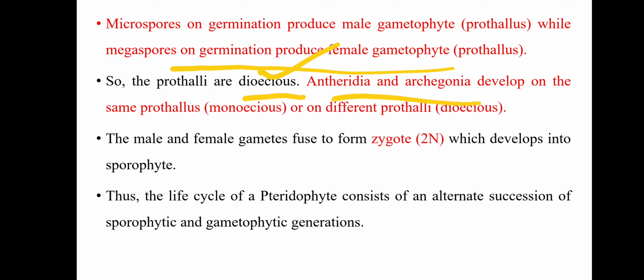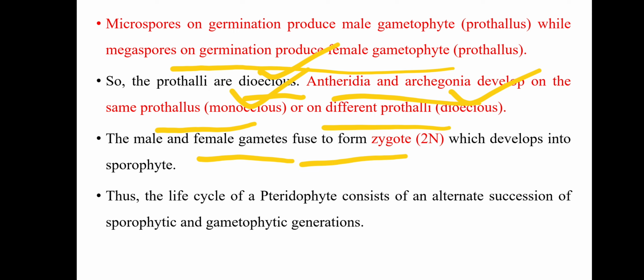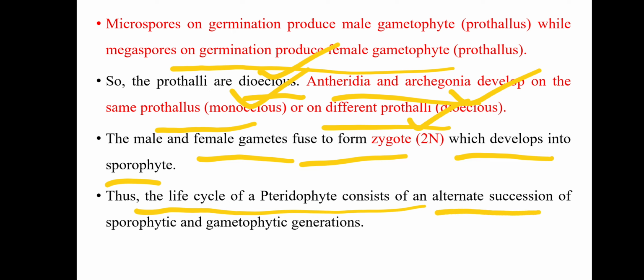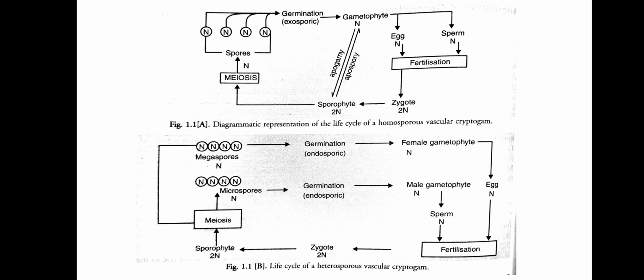Antheridia and archegonia developing on the same prothallus is called monoecious, on different prothalli is called dioecious. The male gametophyte produces the male gamete, the female gametophyte produces the female gamete. They fuse to form the zygote, which is 2n or diploid, and develops into the sporophyte. Thus, the life cycle of pteridophytes consists of alternation of sporophyte and gametophyte generations.